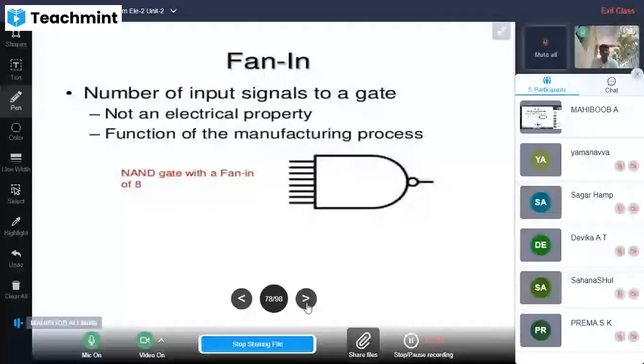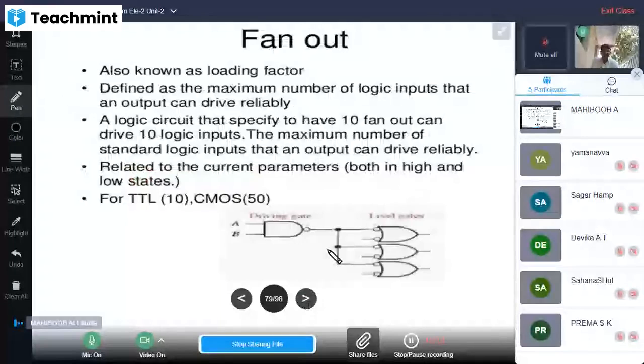Similarly, fan out. Here, this is the NAND gate. For this single NAND gate, we can connect 1, 2, 3, so many negative OR gates, and it can tolerate them without loading effect. Generally for TTL it is 10, for CMOS it is up to 50. So this is the standard value.